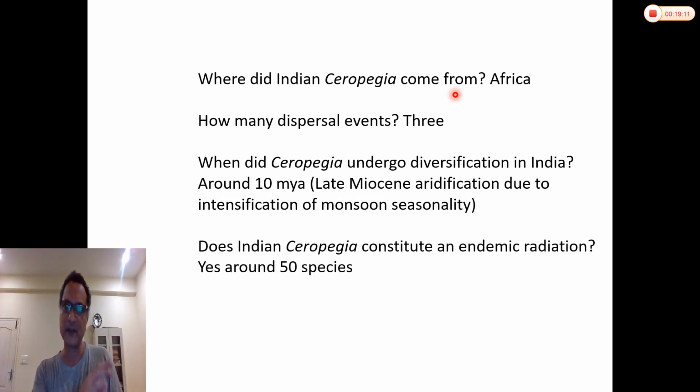Where did they come from? They came from Africa, whereas the earlier examples, many of them came in from Southeast Asia. How many dispersal events? At least 3. I didn't really go into the details there, but what is interesting is the earliest dispersal event is the one that radiated, and the subsequent ones were just one-odd dispersal events, and some of them even might be human-mediated. So definitely this is an endemic radiation.